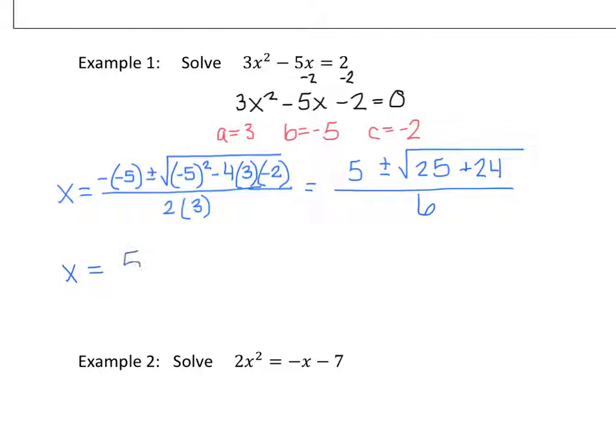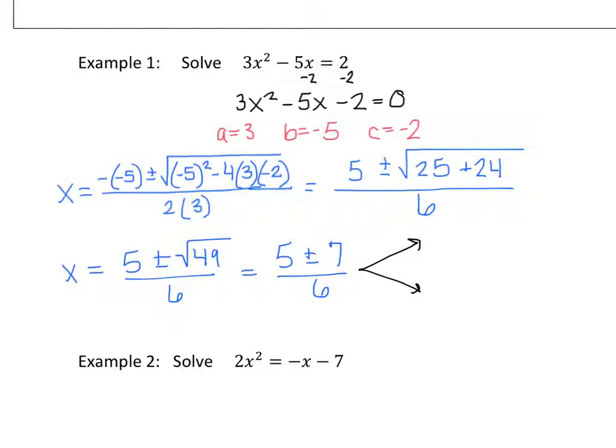What is 25 plus 24? 49. So we have 5 plus or minus square root of 49 all over 6. What's square root of 49? 7. Are 5 and 7 like terms? Yes, so we can split it into using the plus and using the minus. So that'd be 5 plus 7 over 6 and 5 minus 7 over 6.